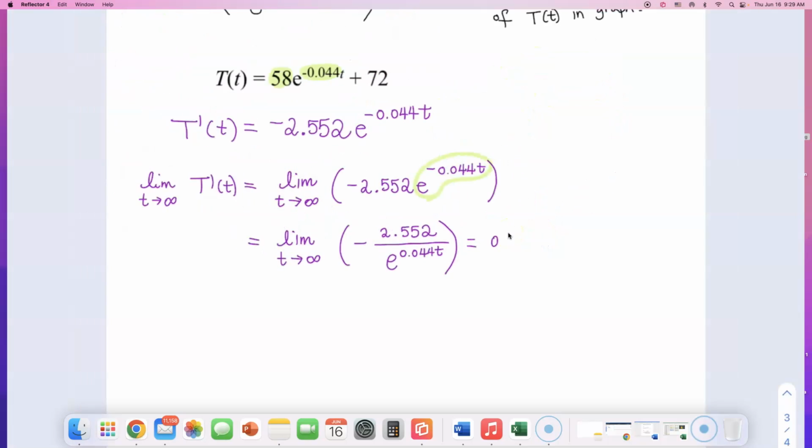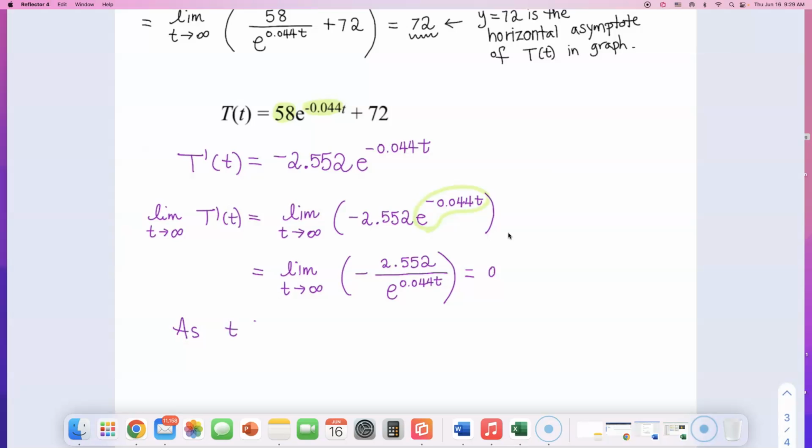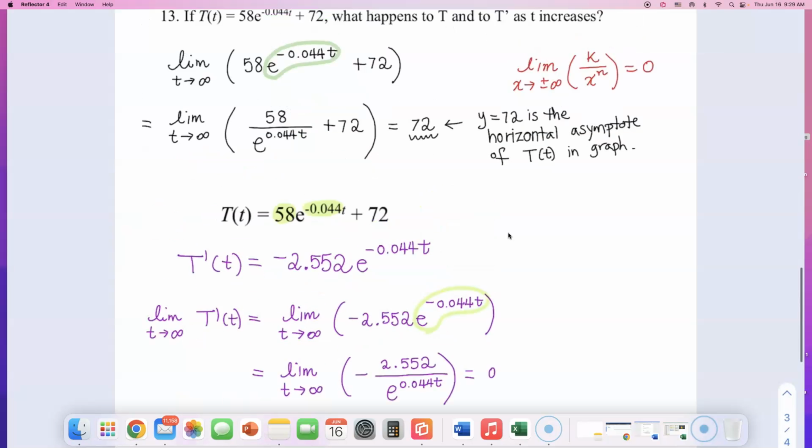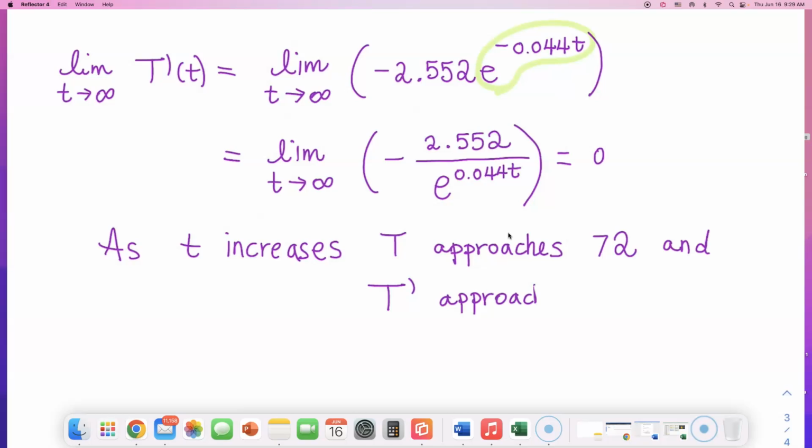So I can say that as little t increases, okay, here's my final answer: as little t increases, T approaches 72, and T prime approaches 0.